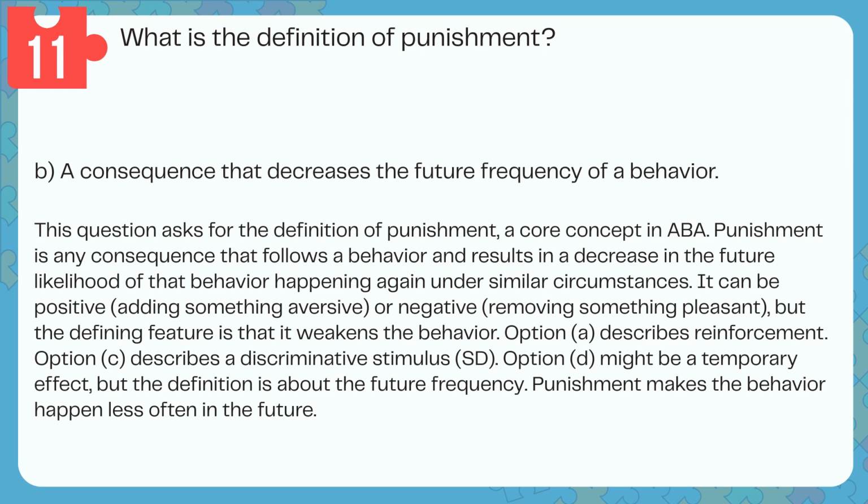But the defining feature is that it weakens the behavior. Option A describes reinforcement. Option C describes a discriminative stimulus, SD. Option D might be a temporary effect, but the definition is about the future frequency. Punishment makes the behavior happen less often in the future.